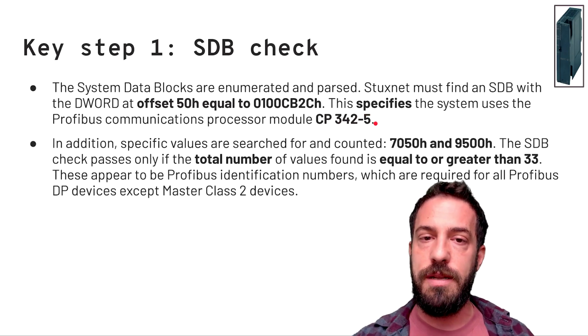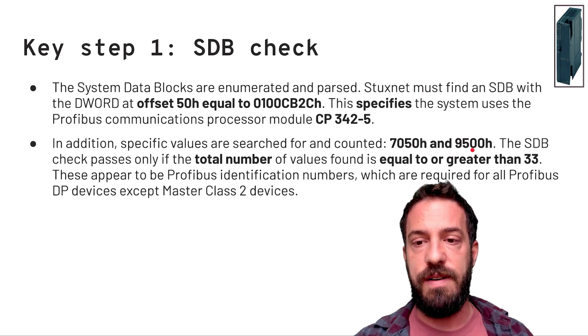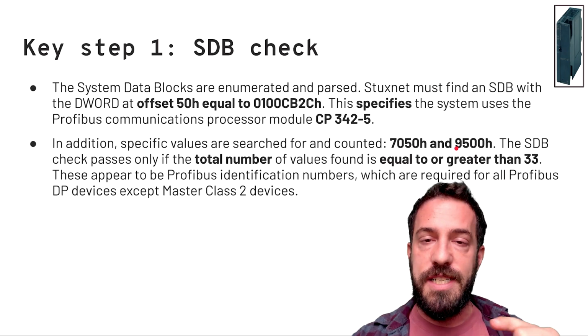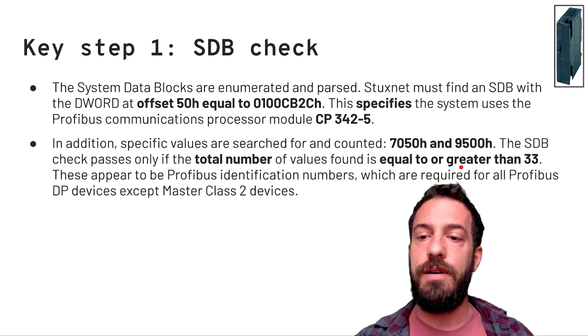Only if it found that, it would proceed to the second check, and that would be for specific values, these 2, 7050 and 9500. So the check would pass only if the total number of values found would be equal or greater than 33.